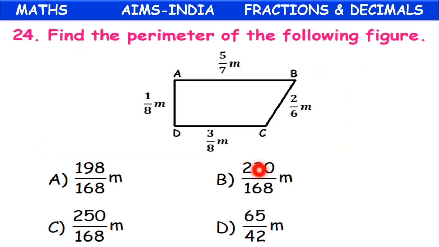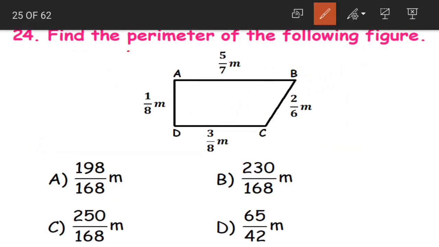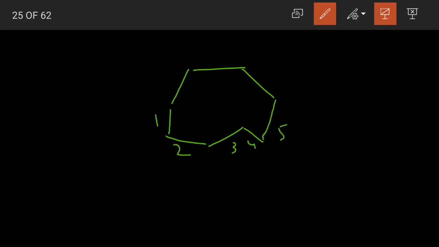Next, question 24. Find the perimeter of the following figure. Now when we say perimeter, children, perimeter means the total length around. Suppose I give you a figure like this, no matter whatever figure it is, and I have given you the lengths of the sides like this.